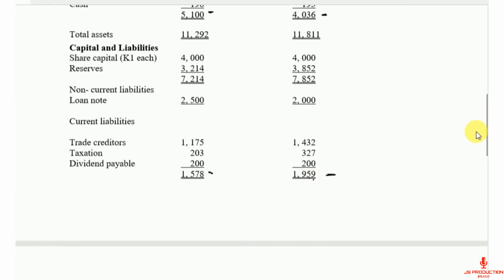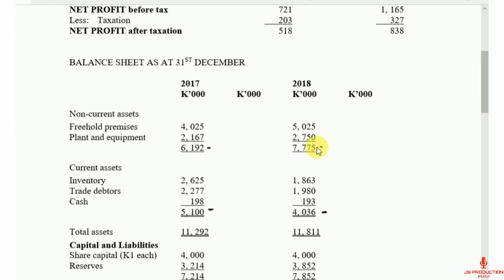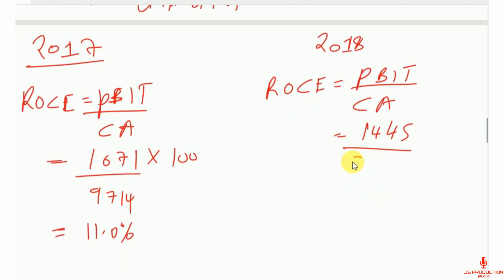Your answer is going to be your working capital, and after you do that, you add 7775, and your answer is going to be 9852, multiplied by 100, and the answer there is going to be 14.7%.